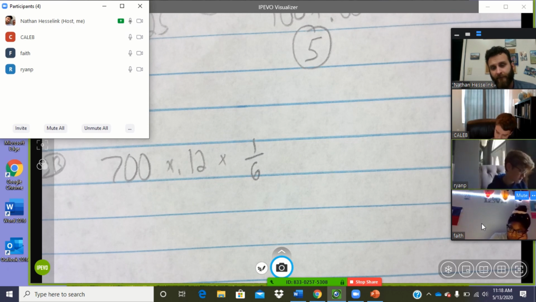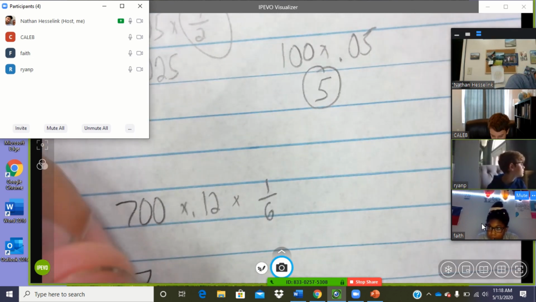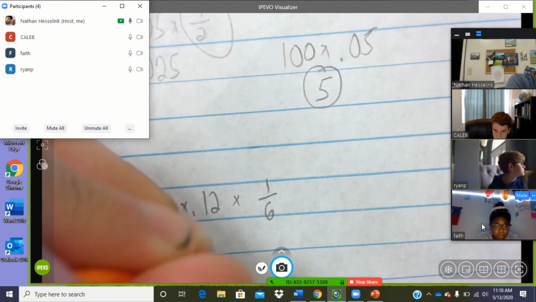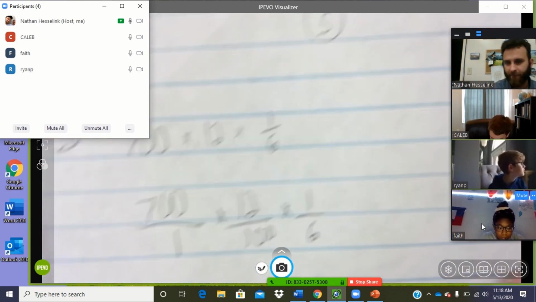So, because of that, we can do a couple things. What I would do is change the whole problem into fraction form, and then you can reduce, okay?